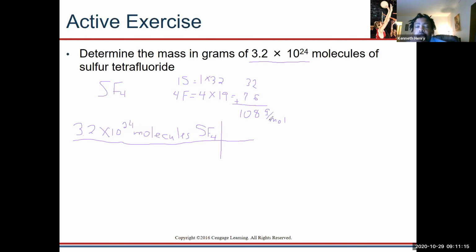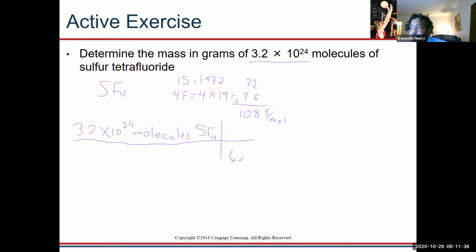So what am I going to use though? This tells me that this is 108 grams per 1 mole, so that's mass per mole. Right now I have molecules. How do I get molecules to moles so that I can use that? 6.022 times 10 to the 23rd. That is correct.